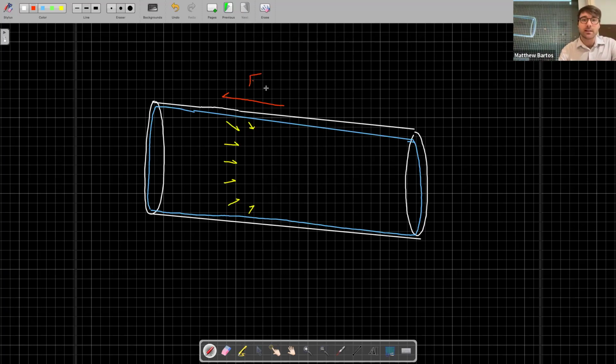I'll call that F sub F. And we can write the frictional force explicitly in terms of the mean shear stress. So it's going to be negative tau, where tau is the mean shear stress, times the wetted perimeter P, so that is the perimeter that the water is in contact with, times delta X, where delta X is the length of the control volume. So let me write that out for you.